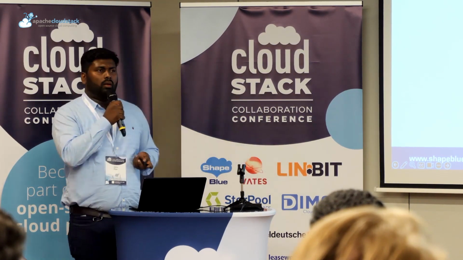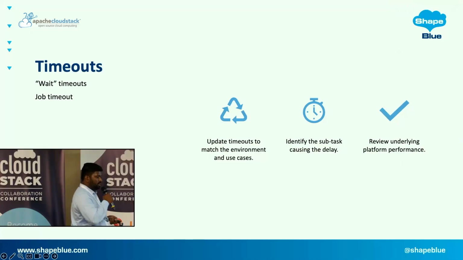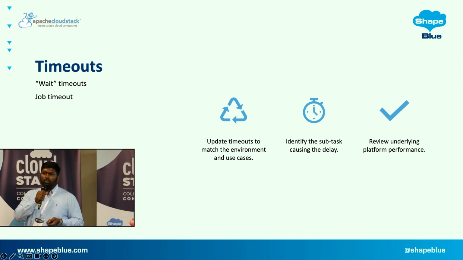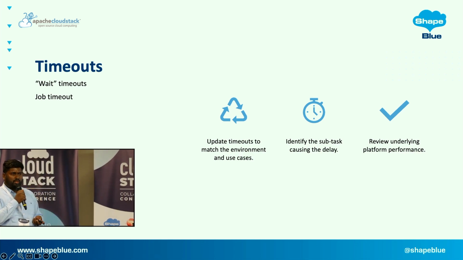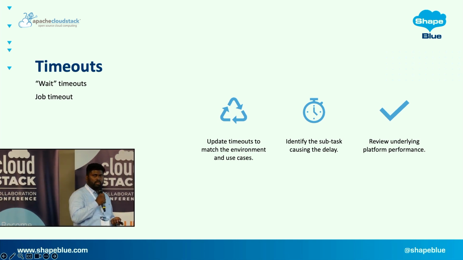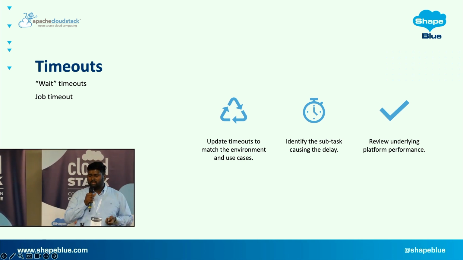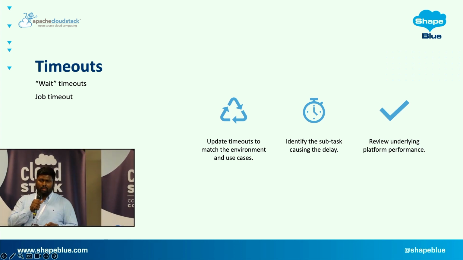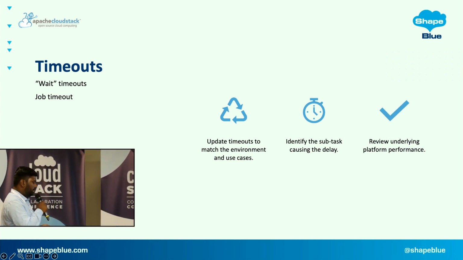CloudStack has a lot of global configurations, and timeouts are a large set of them. I believe they are there to make sure CloudStack works with all sorts of infrastructure, small, large, fast, slow, and there are different expectations. Somebody wants an instance to be deployed in a couple of seconds. Some infrastructure is slow. Maybe some zones are slow. They're okay to wait a little while.